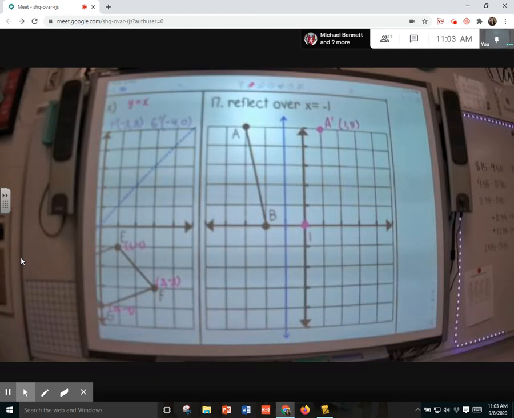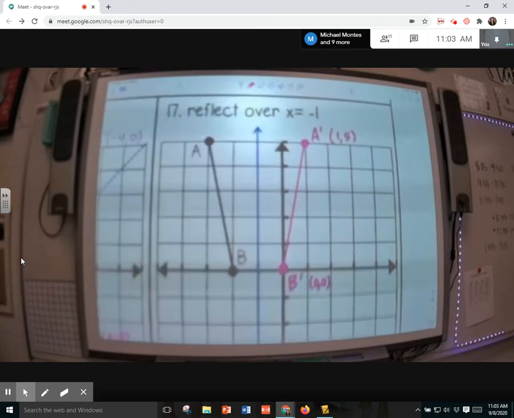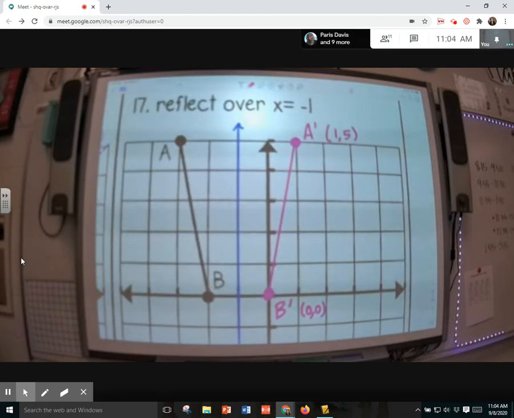And there's my B prime at 0, 0. Okay, any questions on that one?